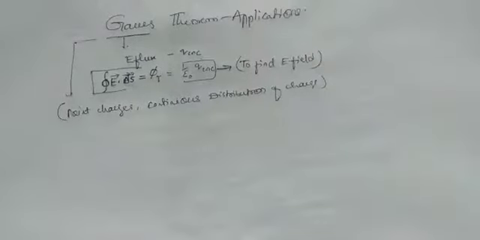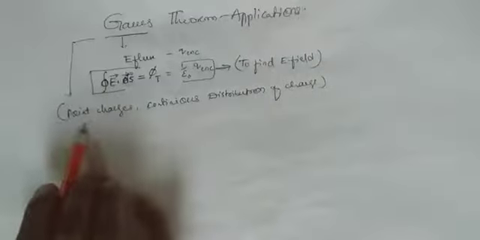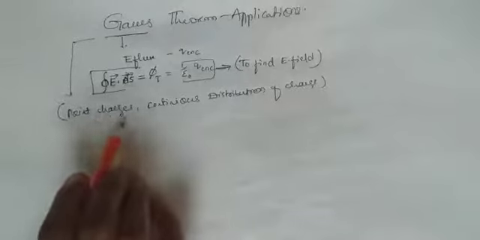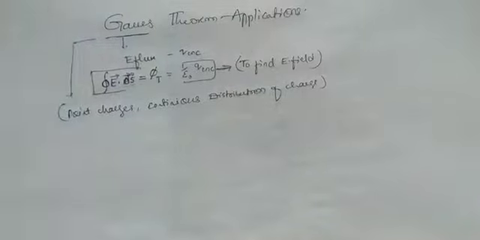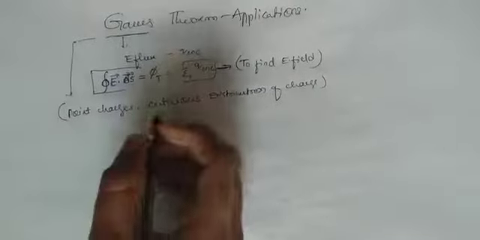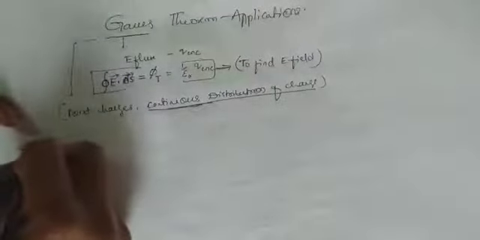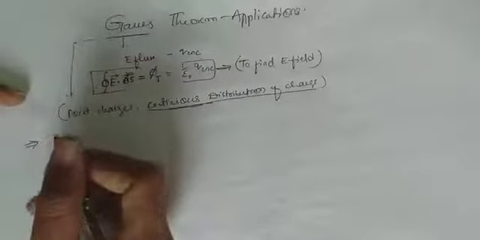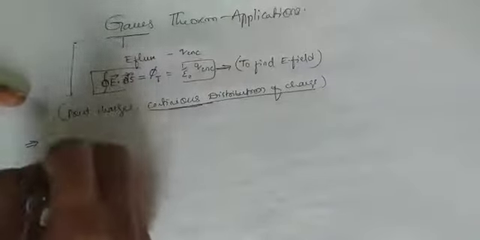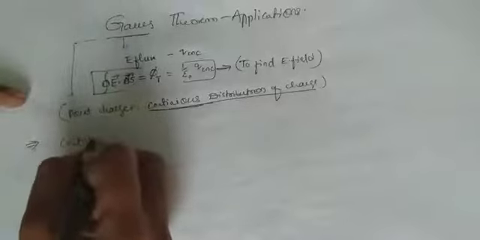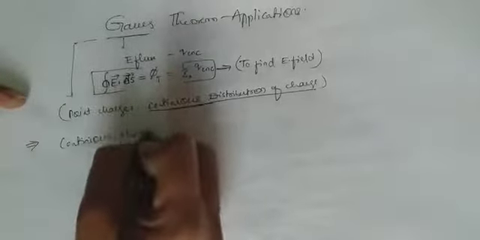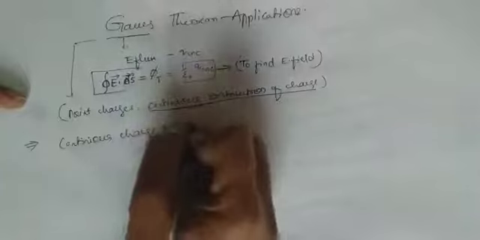Before this, first, the point charge we already learned, but here continuous distribution of charge is there. So what is continuous distribution of charge? For the continuous charge distribution, there are mainly three types.